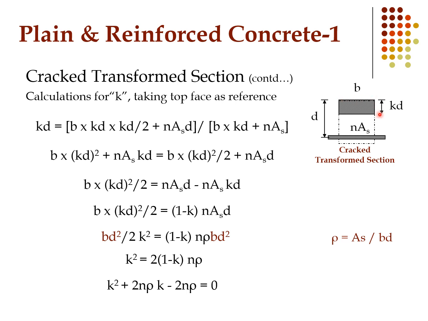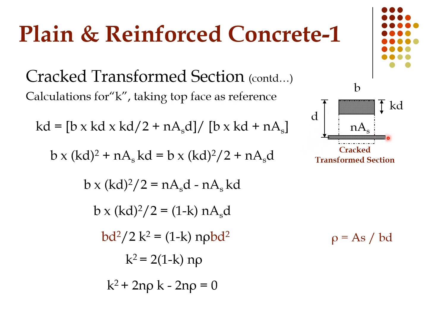So if we consider the same formula, y bar is equal to A1 y1 plus A2 y2 divided by A1 plus A2. So this kd is equal to b times kd, the area of this one, multiplied by kd by 2, which is A1 y1, plus A2.